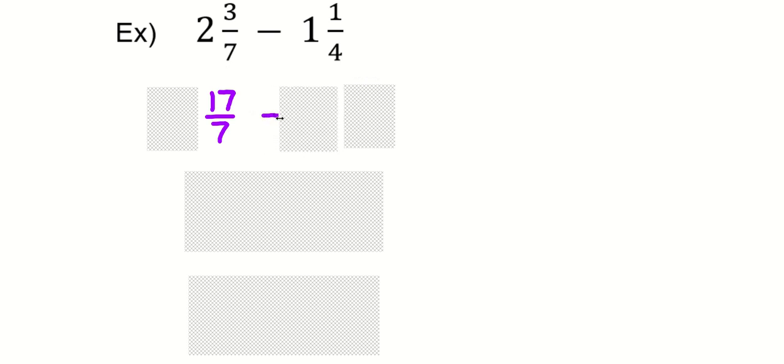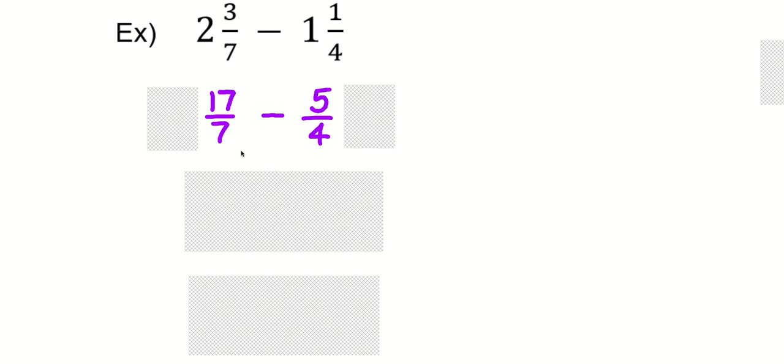So try that really quick with 1 and 1/4. So 4 times 1 is 4, plus 1 is 5, so you should have got 5/4. So you change this really quick to 17/7 minus 5/4.